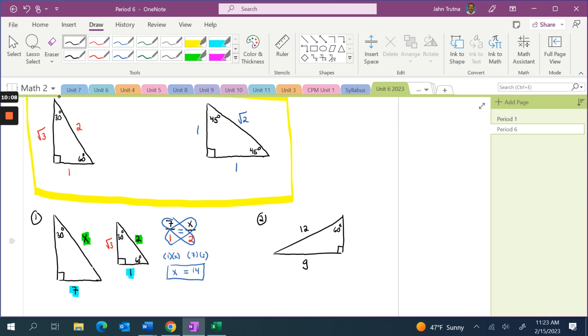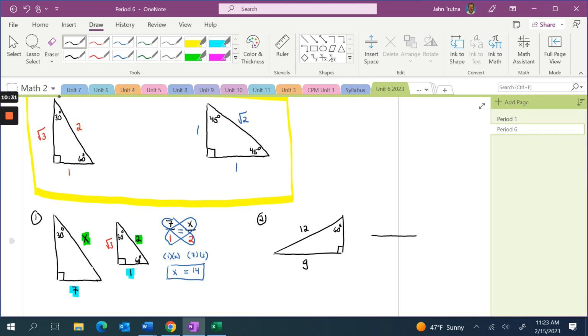So what I'm going to do is I'm going to go to my reference triangles, and this is a 30, 60, 90 triangle, and I'm going to redraw my reference triangle right next to my given triangle. But the key is when I redraw my reference triangle, I have to turn it and orientate it the same way that my given triangle is orientated.